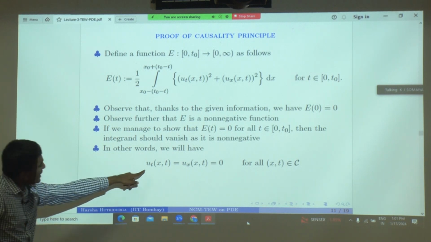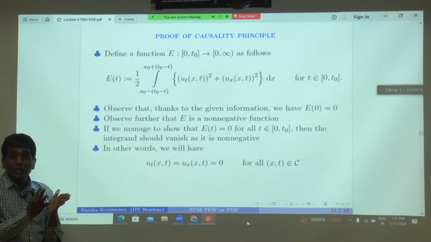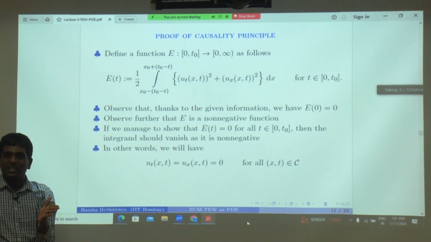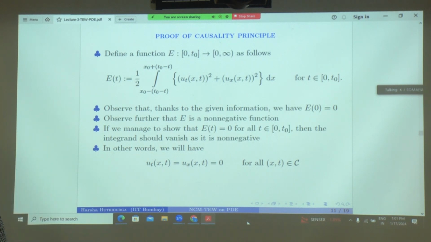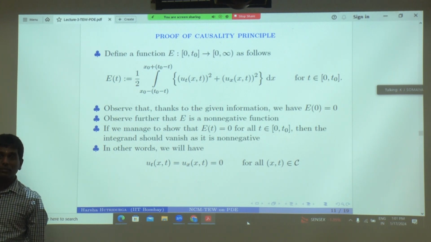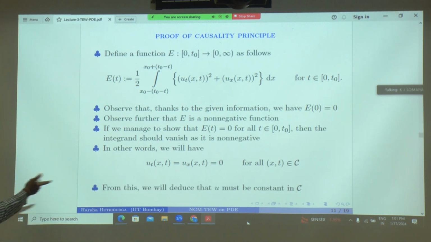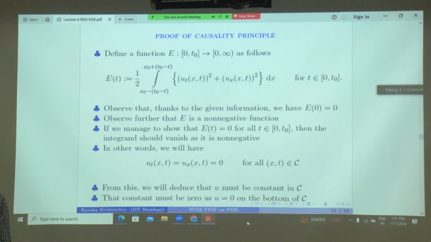Now, from here we can only conclude that this function u should be equal to a constant. But because u is 0 on the bottom, and we are assuming continuity of functions, that constant should be equal to that 0. We will deduce that u must be a constant, and that u should be 0 because on the bottom of your triangular region you are 0. It is given. And this is how we prove it.